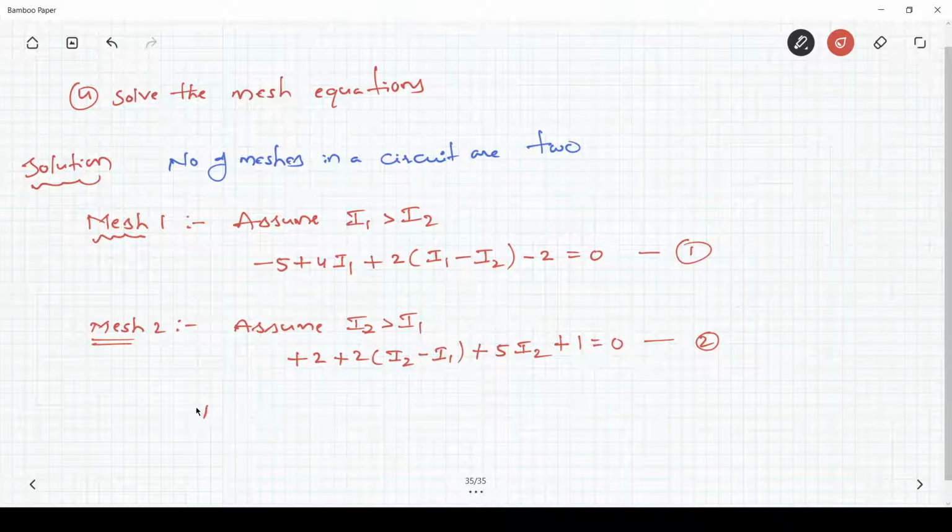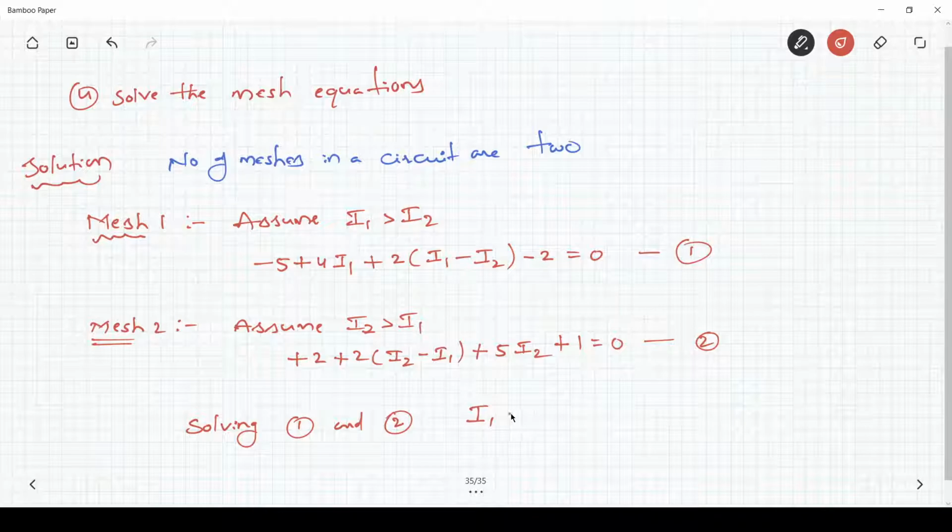So solving equations 1 and 2, you will get I1 equal to 1.132 amps and I2 equal to minus 0.1053 amps.